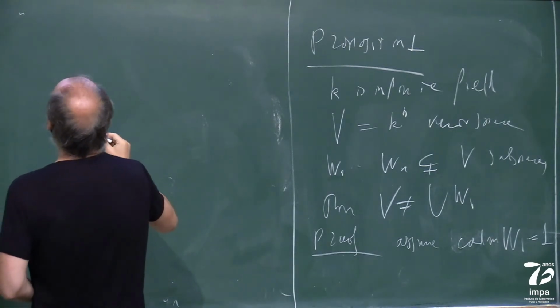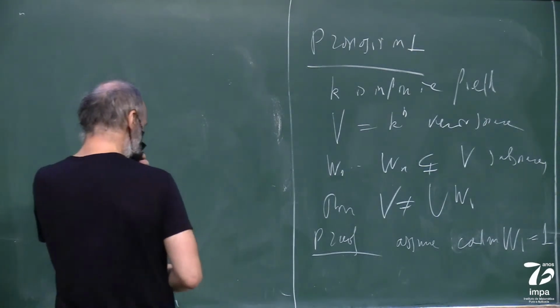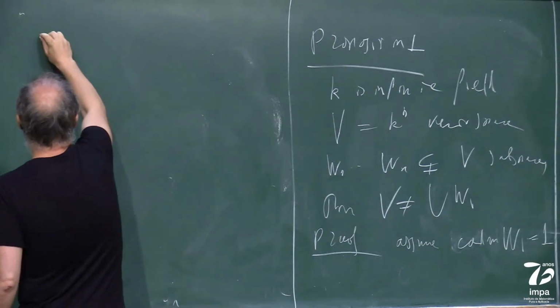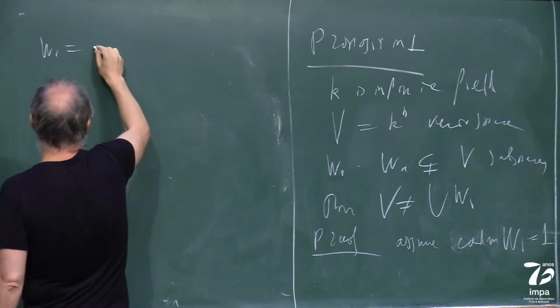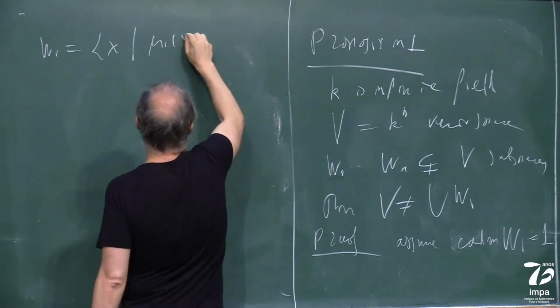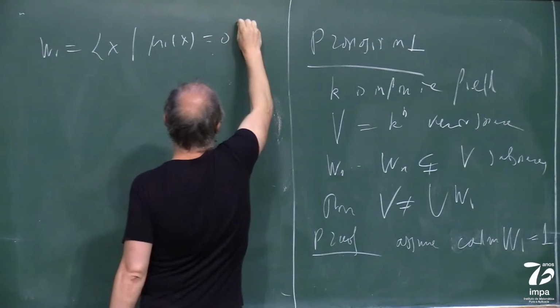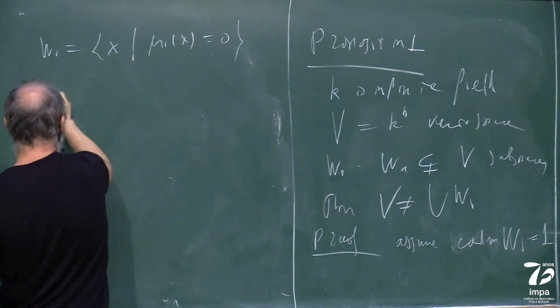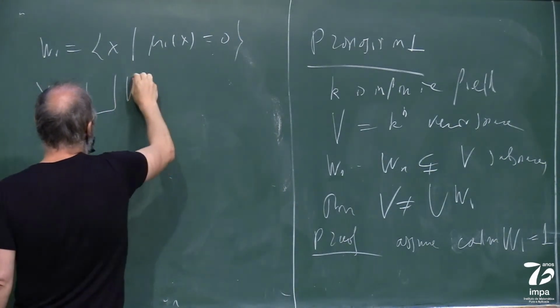Okay. Now we have the algebraic variety. So Wi is the set of all x such that mu_i of x is equal to 0. And you have the algebraic variety X, which is the union of all Wi.